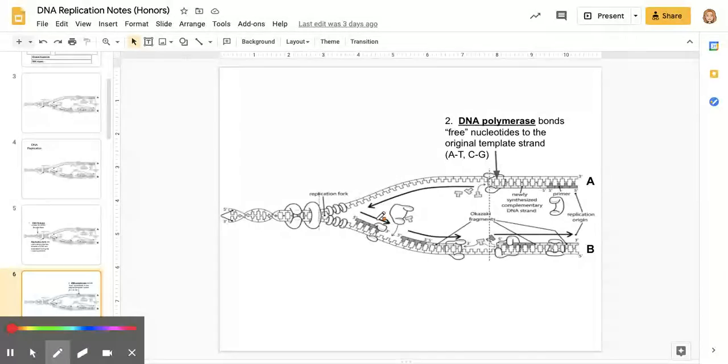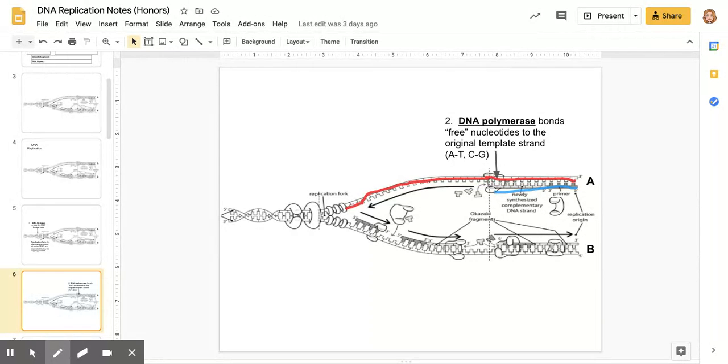So just some clarification here. I'm going to put it in red because I think that's going to show up really nice. Out here, this is the original strand of DNA, and it extends all the way up here. And then we have our new complementary strand of DNA, I'm going to use blue, coming in here and binding.